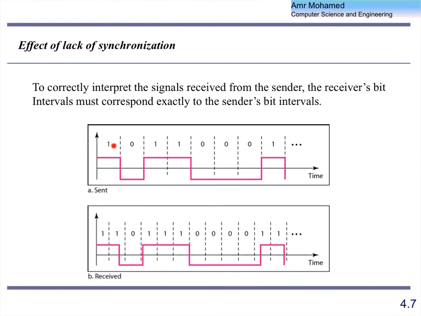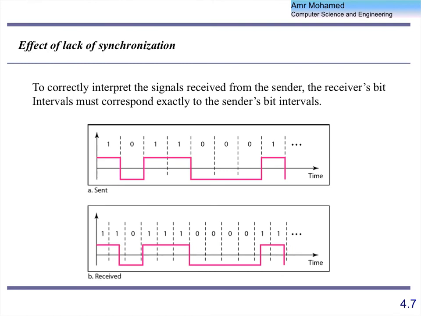So if this effect is there, then the sender sends a digital signal using a specific clock frequency, and here the clock allows me to get the boundary of each data element. Okay? So the boundary of each data element can be recognized based on the clock frequency.